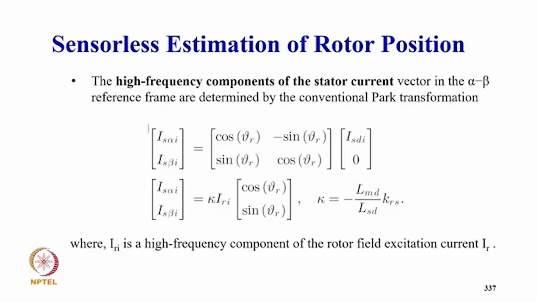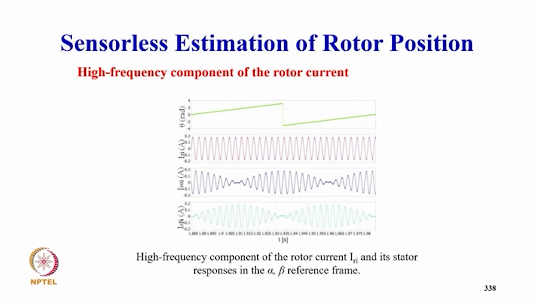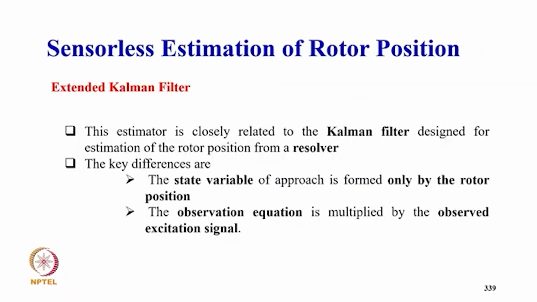Similarly, IS alpha, IS beta equal K into IRi in bracket cos theta r, sin theta r, where K equal to minus lambda MD LMD upon LSD into KRI, where IRi is the high frequency component of the rotor field excitation IR, and this is typically the high frequency component of rotor current IRI and its response in the alpha beta reference frame.